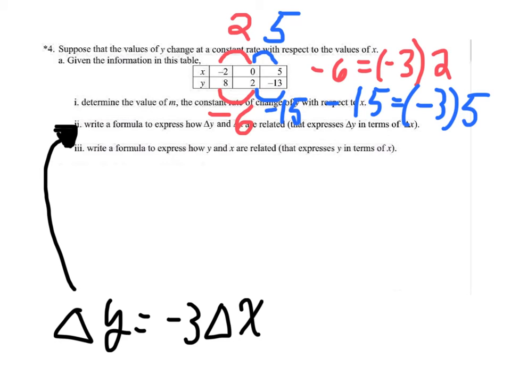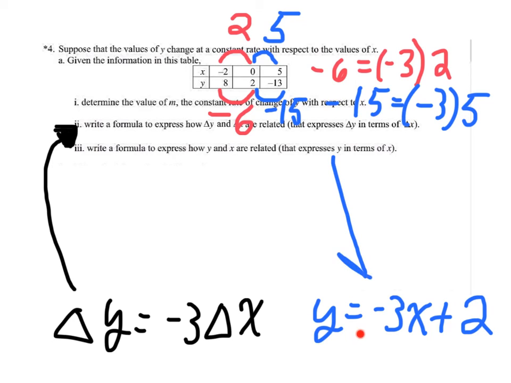So the formula that expresses y in terms of x will be y equals -3 times x plus the y-intercept. The y-intercept is the value of y when x is 0. Our table tells us this value of y is 2. Thus, as we wrapped this formula up earlier, the formula to express y in terms of x is y equals -3x plus 2.